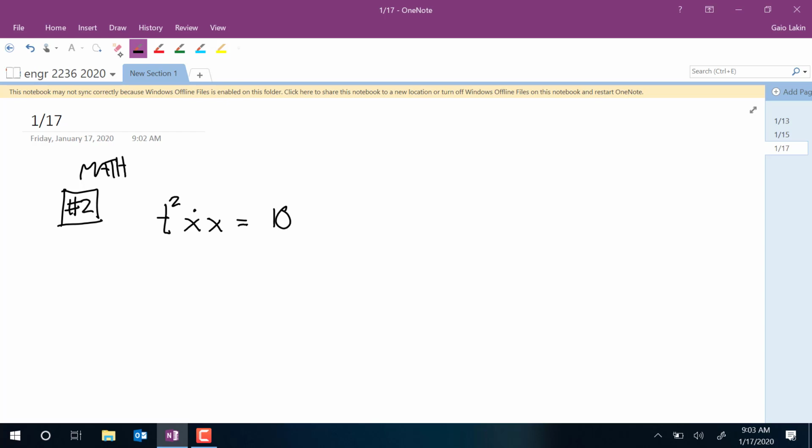Oh, this is a system of equations, which is the first thing I'm going to talk about today. Let me say just a couple things about systems, and then I'll do this problem.